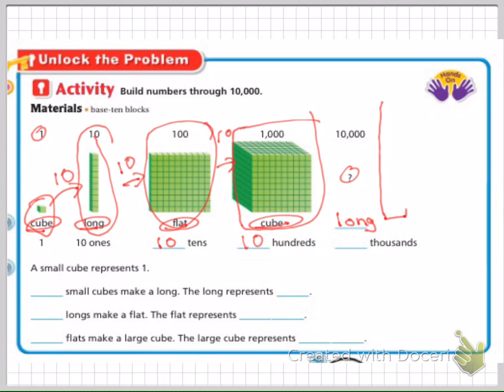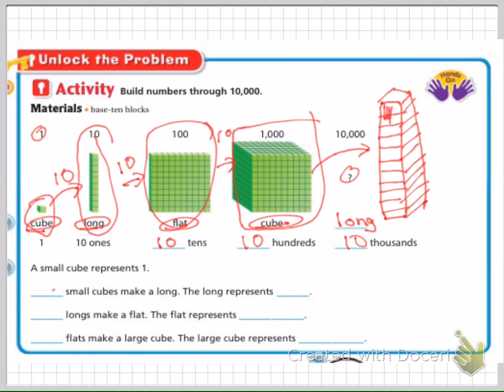To make 10,000, we take 10 of the 1,000 blocks and stack them on top of each other, and we make this gigantic tower. Now, my drawing is far from perfect, but you do get the idea. And then, there's 10 down here too, so I'm not going to deal with all that. So we took 10 thousands to create the long.